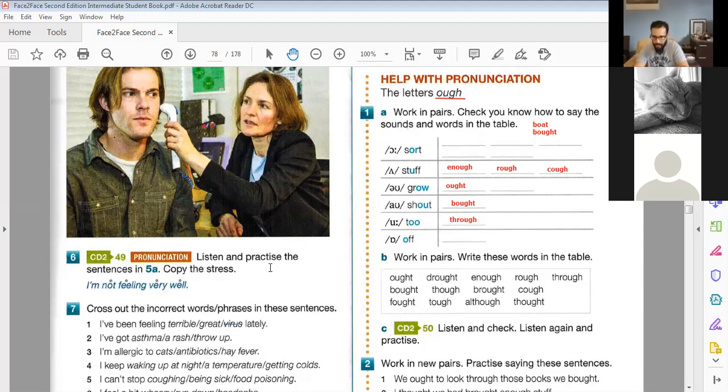Okay, let me write it here. Can you see it on the left side? Coat, fought, brought, sewed. So what's the difference? No, you're not reading it correctly. Bought, coat, brought, sewed.